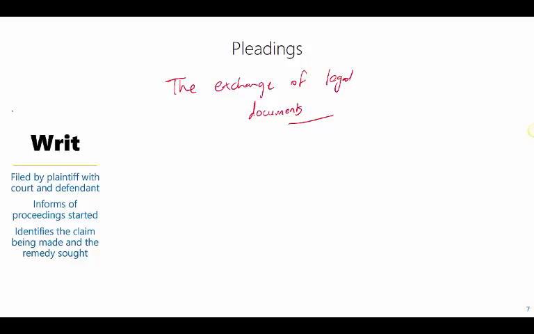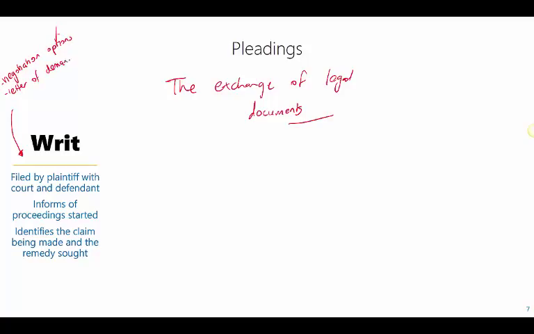Now, I'm not saying that there needs to be no communication between the parties prior to this. We know that parties might have negotiated, because you've got to look at negotiation options before you initiate a civil case. Okay? So there might have been negotiation options used. There might have been what's called a letter of demand.